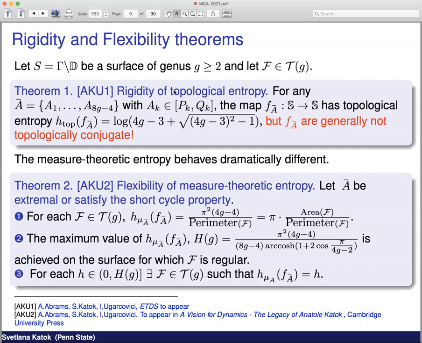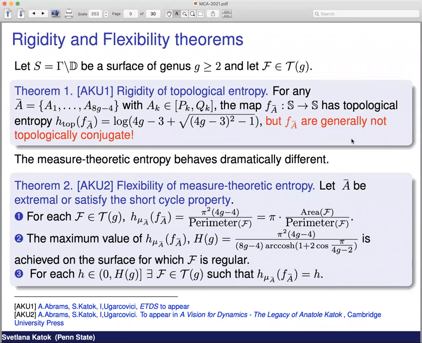So the rigidity theorem says the following: it's rigidity of the topological entropy. For any partition with AK between PK and QK, the map has the same topological entropy. This topological entropy does not depend on the partition, and it does not depend on the moving in the Teichmüller space.